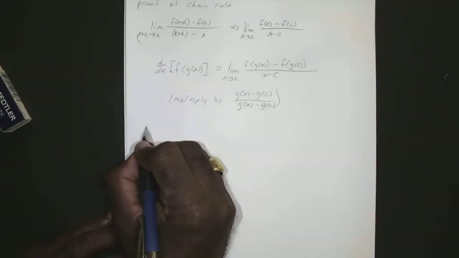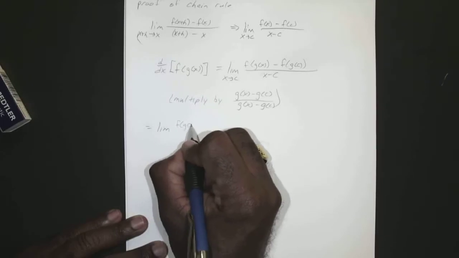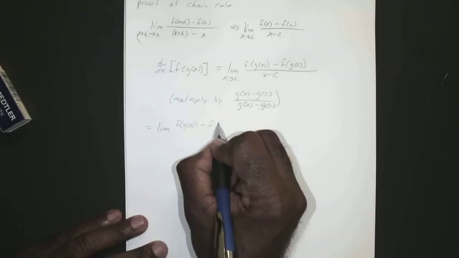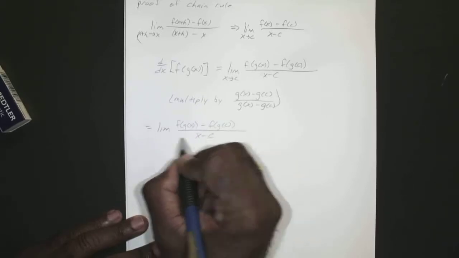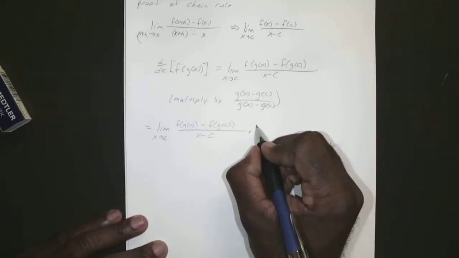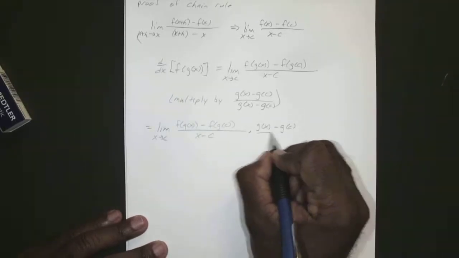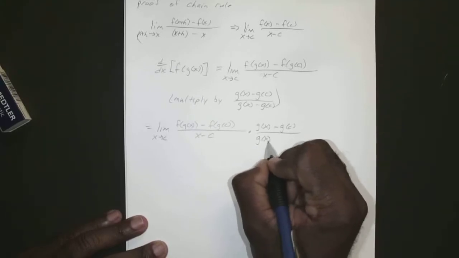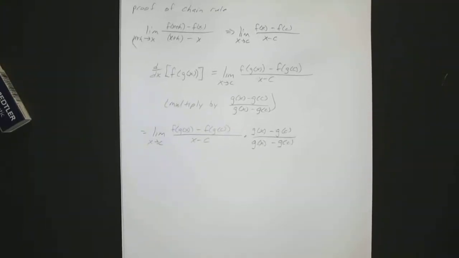Okay, so that's going to give us the limit of f of g of x minus f of g of c all over x minus c as x approaches c times g of x minus g of c over g of x minus g of c. So basically we just multiply it by 1.